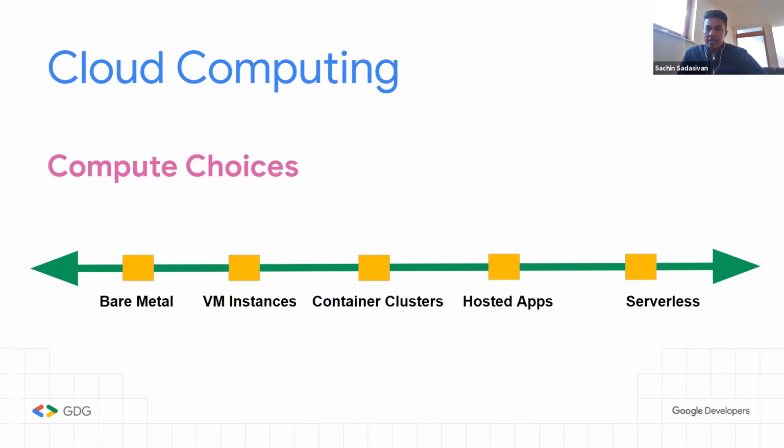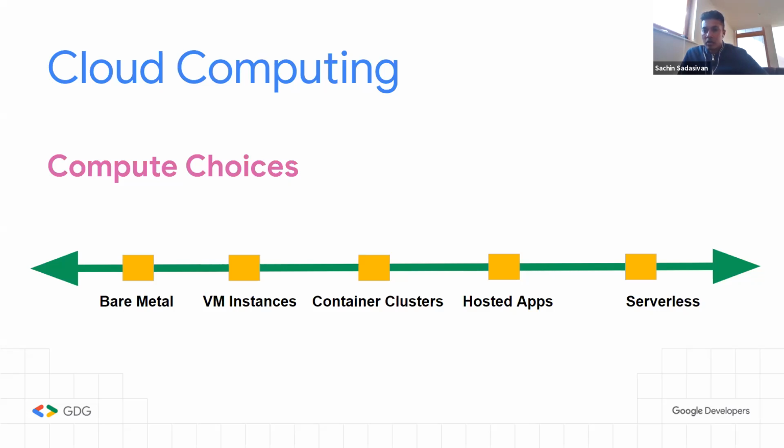That stands approximately in the middle of the spectrum. So most of the management of creating the VM instances and maintenance is taken care of by the cloud themselves with containers and clusters. So it's much more advanced than the VM instances.